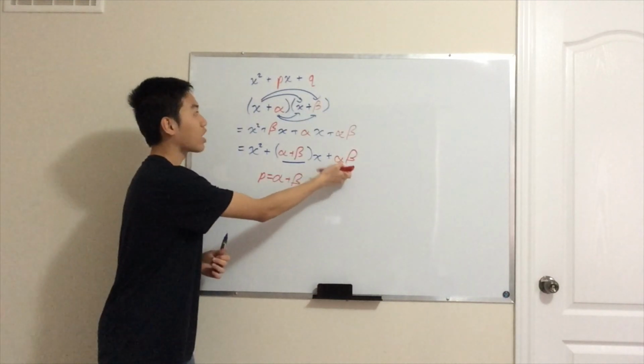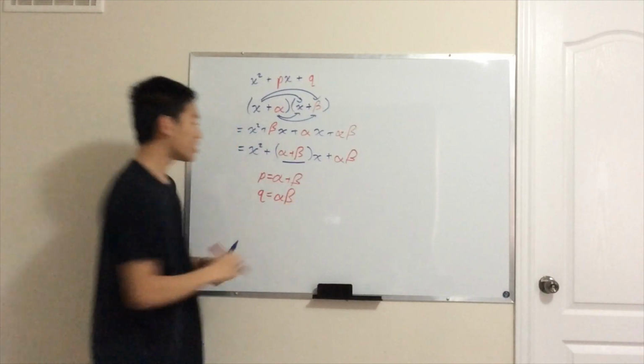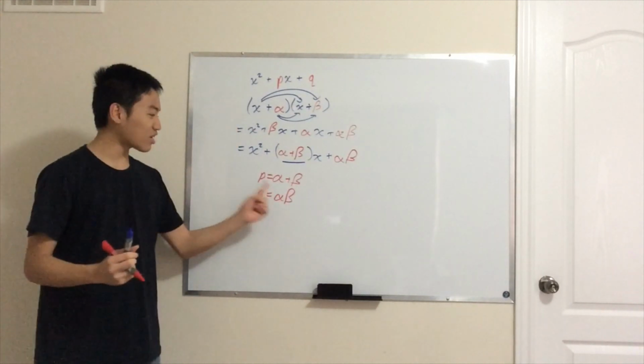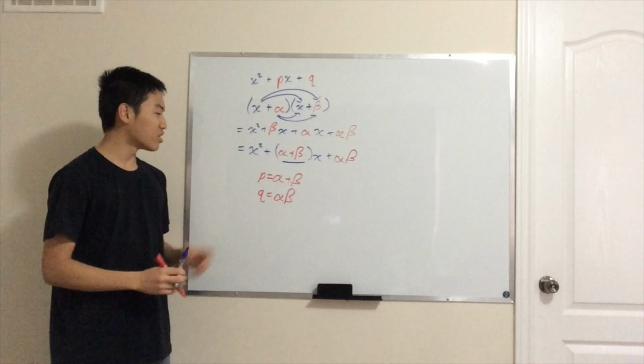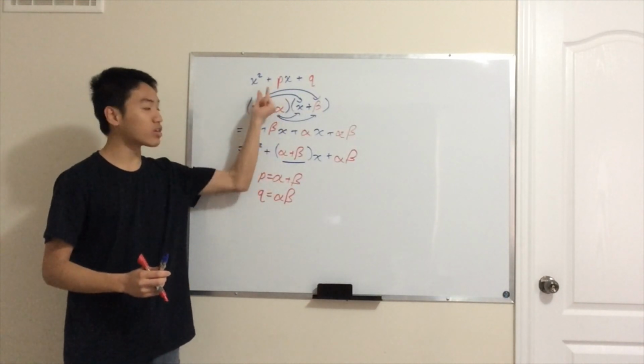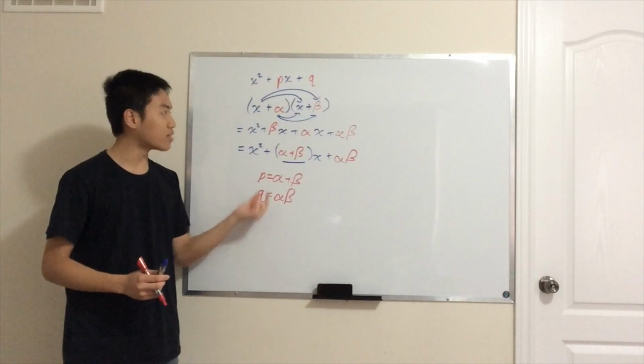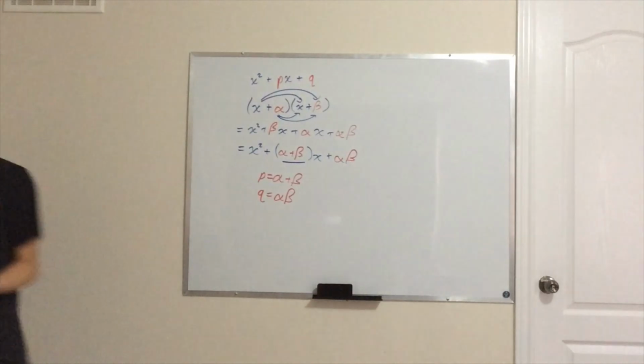And similarly, alpha times beta is q. Here's the idea. You just need to find two numbers that satisfy this condition. We need two numbers, alpha and beta, that add to give you the coefficient of the middle term, and the same two numbers need to have a product that is just the constant term.